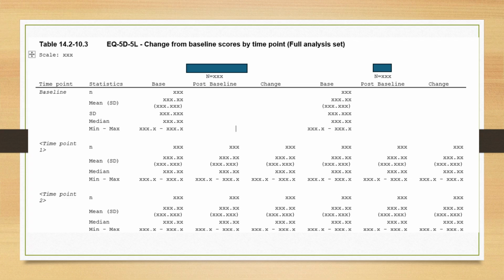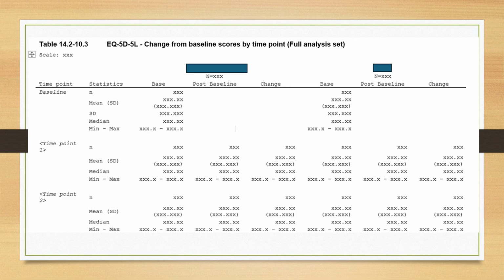Once that is identified, in your dataset, for each time point there will be an identified record for which the ABLFL will be marked as Y, indicating that this record is the baseline record for this time point. And to provide this description, we have the BASETYPE variable where we can mention that this is the baseline for time point 1.